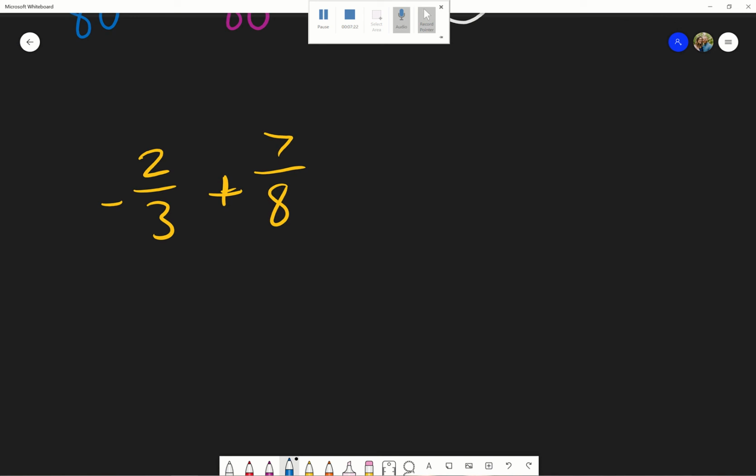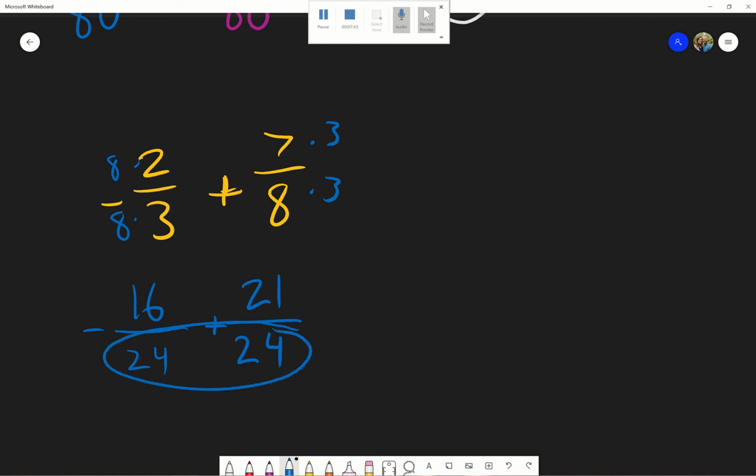I'm just going to get common denominators. Times this fraction by 3, times this fraction by 8, and I'm going to get negative 16/24 plus 21/24.